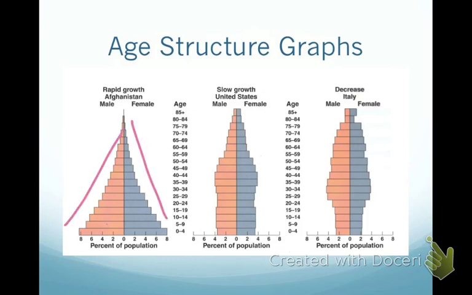The United States is growing slowly, so between the individuals that are too young to reproduce and those of reproductive age or maturity, it's about equal. And then in a decreasing population, a population that's decreasing in size like Italy, you're going to see smaller percentages of the population in those young age groups.